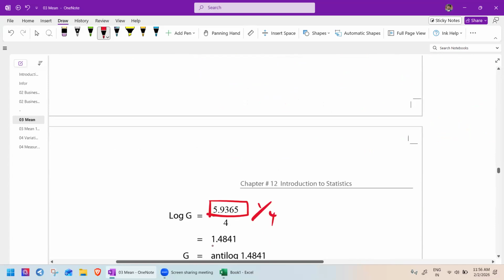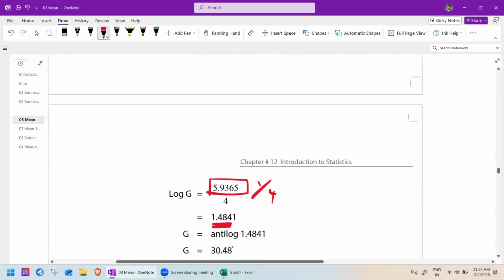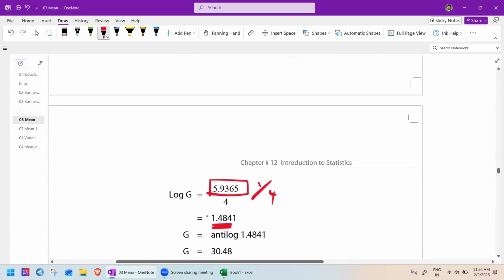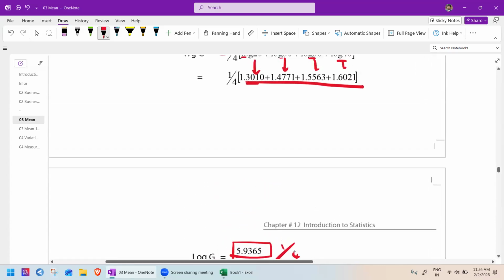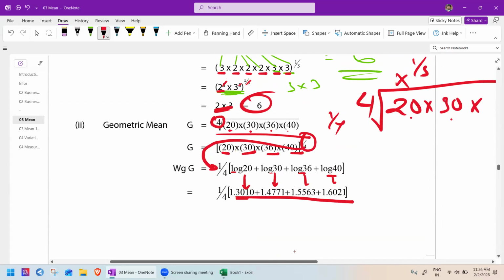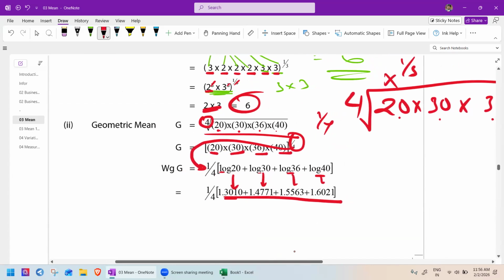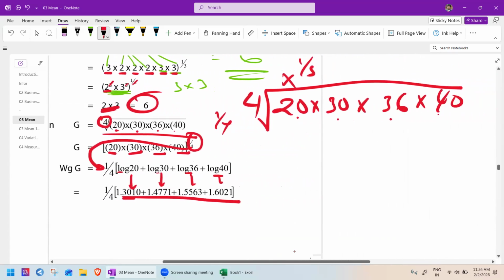So we get 1.4841. This is the log form. When we convert to the normal form, we apply anti-log. So the anti-log of this will be 30.48. So the log and indexes you studied in business mathematics may apply. Otherwise, you can use a calculator as well, no issue.